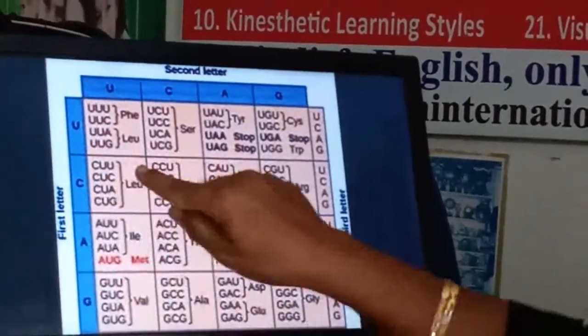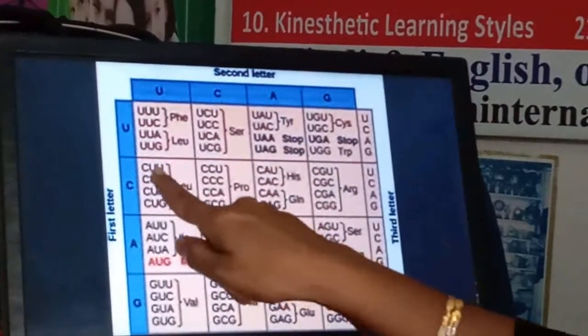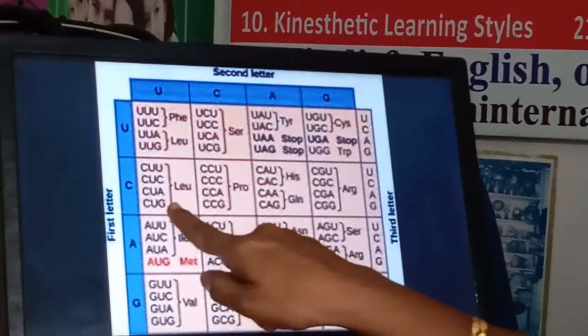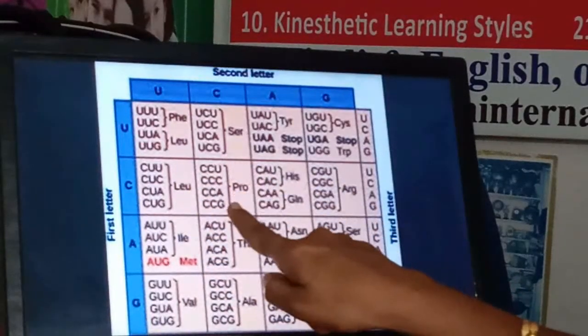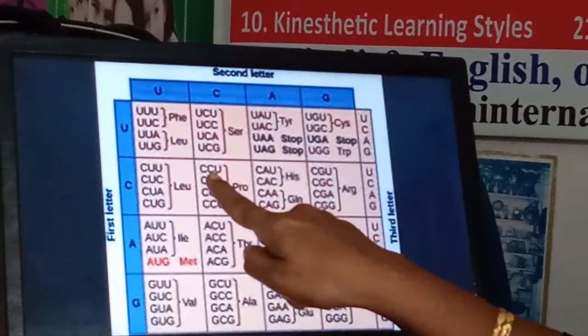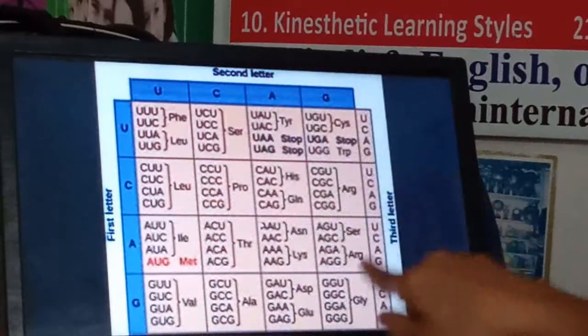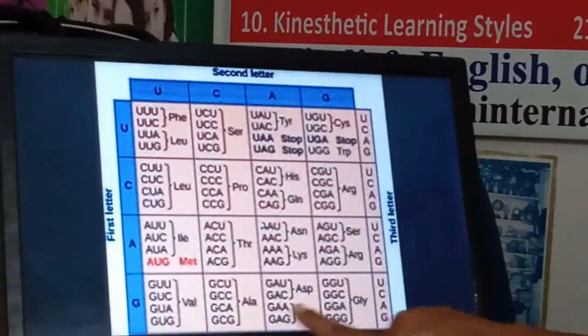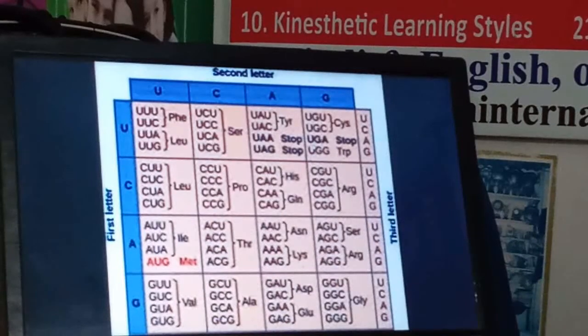The last codon may be any of these four and will represent leucine only. Here also any one of the four can be the last codon, and if the first and second are CC, then it will be proline. So in this way 20 different amino acids are given here with their triplet codons.